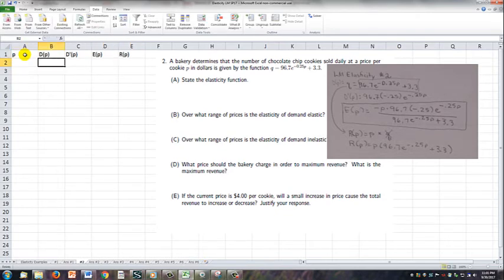Okay, so I'm going to type in the demand, which is 96.7 times EXP(-0.25 times P) plus 3.3. And then the derivative, which is equals 96.7 times -0.25 times EXP(-0.25 times P).